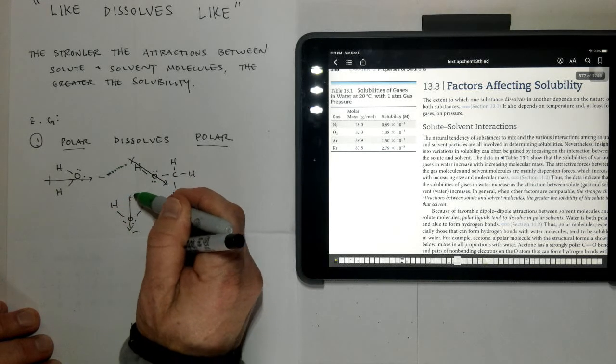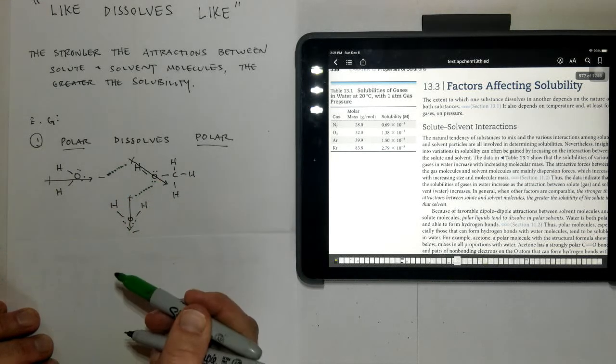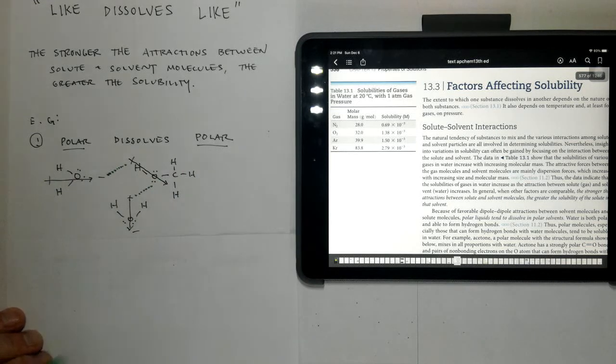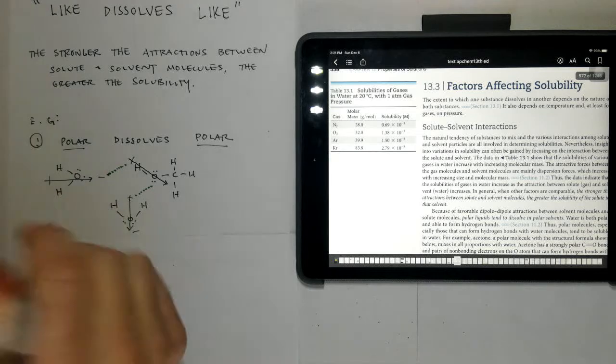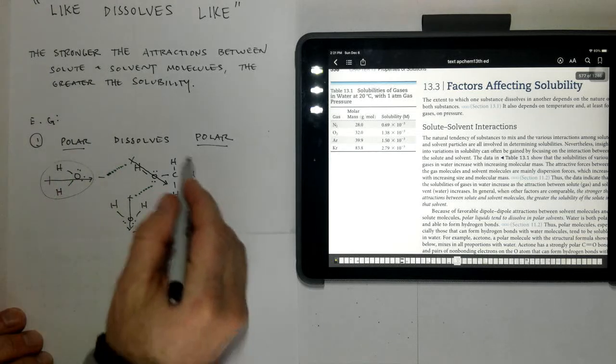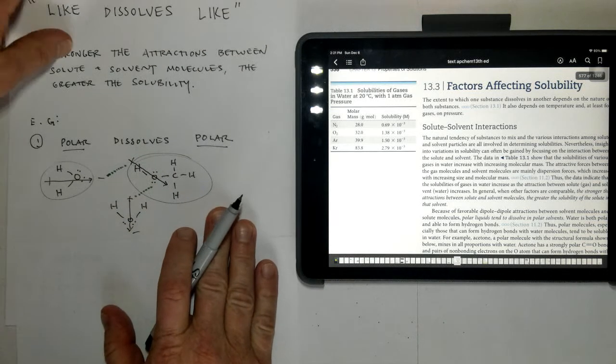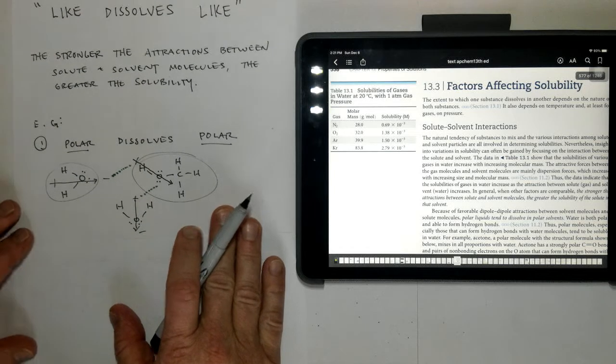And this positive part would attract to this more negative part right here. And therefore, polar dissolves polar because we have two polar molecules that are asymmetrical and asymmetrical. And then those dissolve. And of course, there'd be lots more water molecules around, and there'd be lots more of these. But just to zoom in on a couple of them to help you see that like dissolves like.